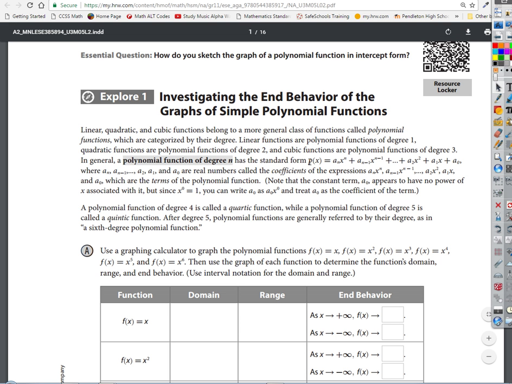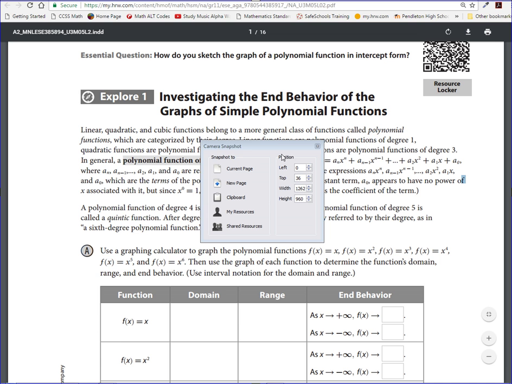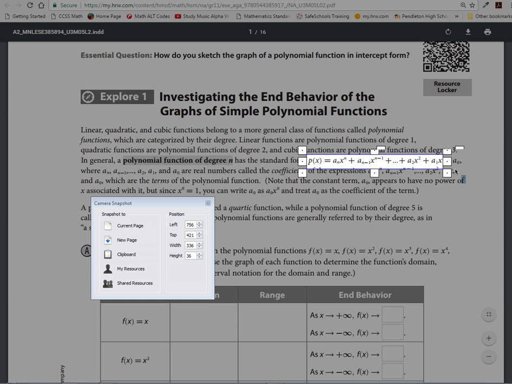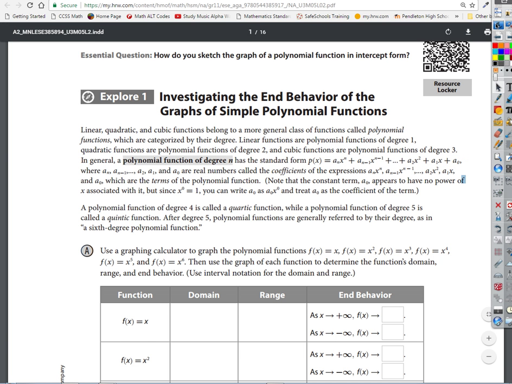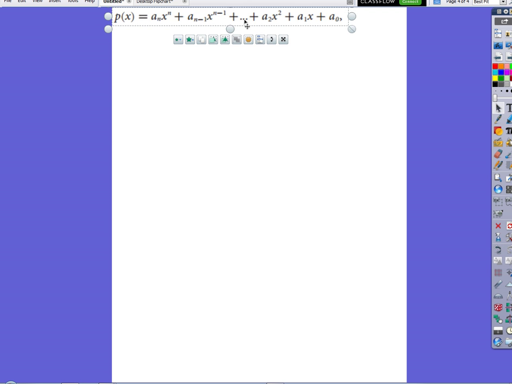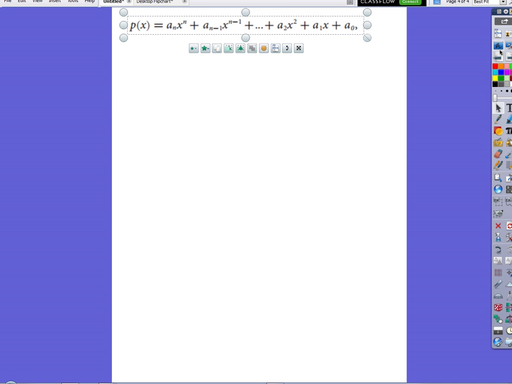If you look closely, this is just in the textbook. This is how we describe a polynomial function of degree n. Here, I'll take a picture of it. Okay, that's a polynomial of degree n.